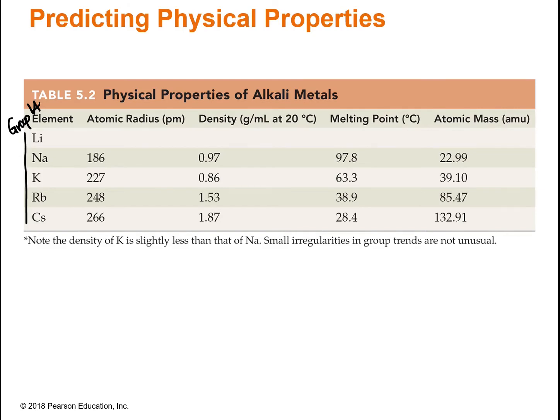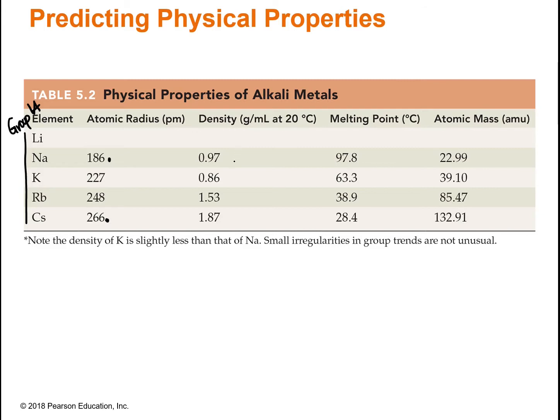And listed, I've got the radius, density, melting point, and atomic mass. You can already see the trend. Cesium is the biggest radius, right? And sodium is the smallest so far. I have blanked out what's there for lithium on purpose.